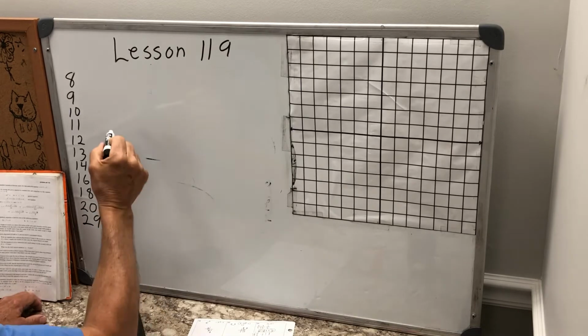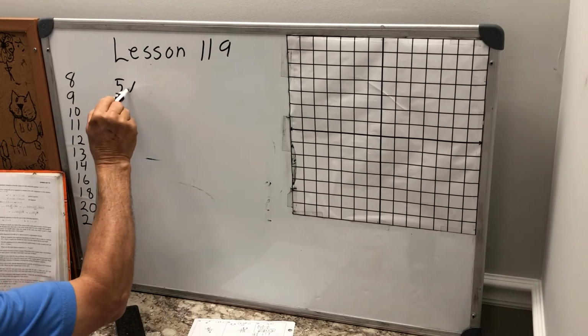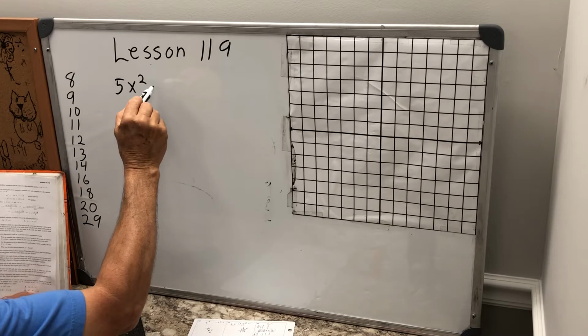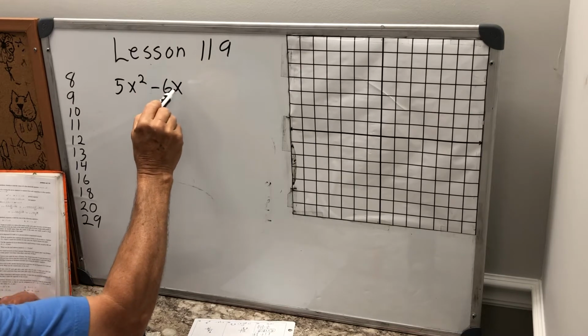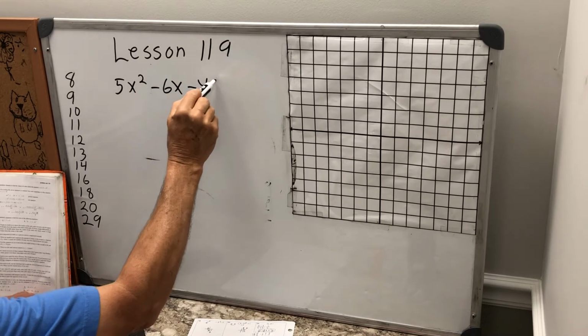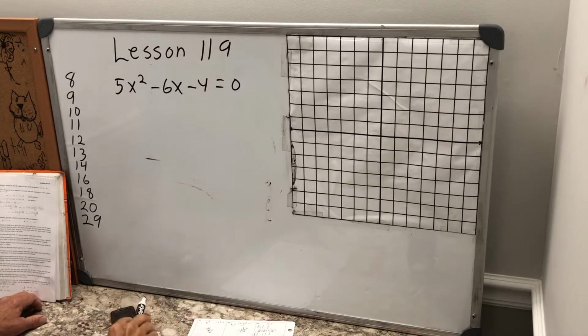Number 11 is 5x squared minus 6x minus 4 equals 0.